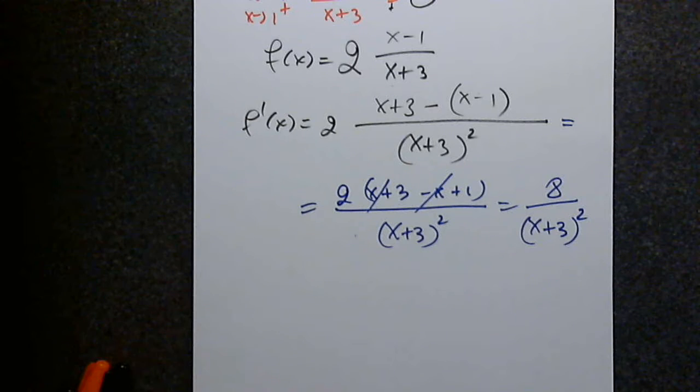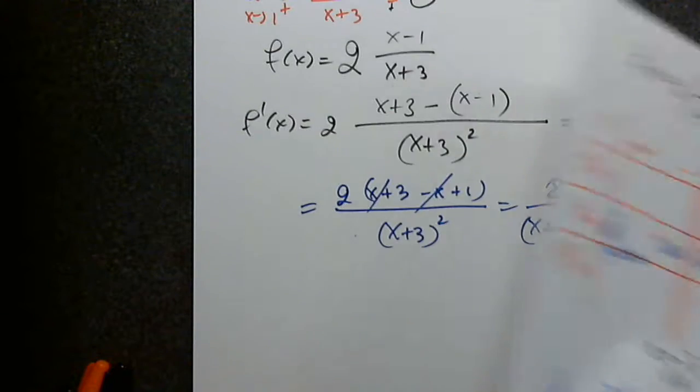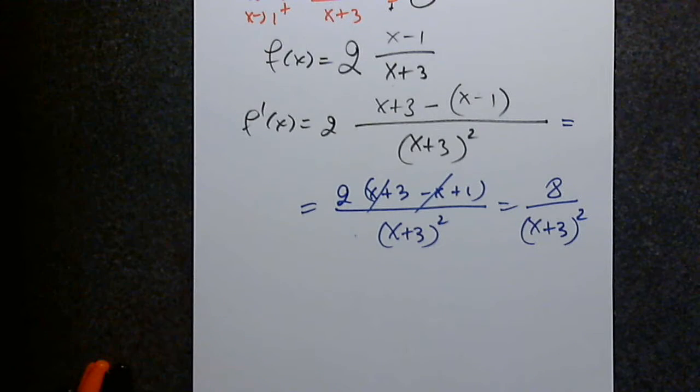Let's look at it and see whether f prime is 0 or is undefined where the function is defined. Is this undefined where the function is defined? Where is this undefined? At -3, but so is the function. So nothing there. Is this function 0?